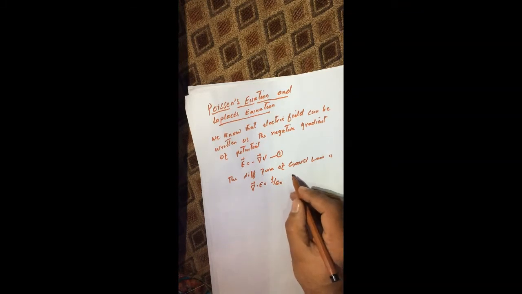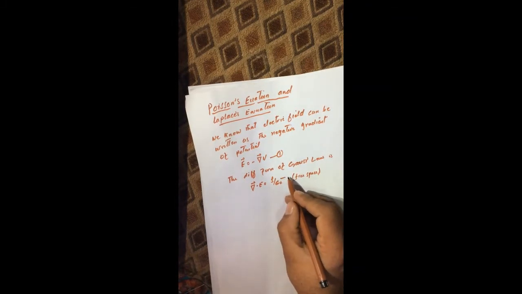So this is the Gauss's law for free space. This is, let's say, equation number 2.